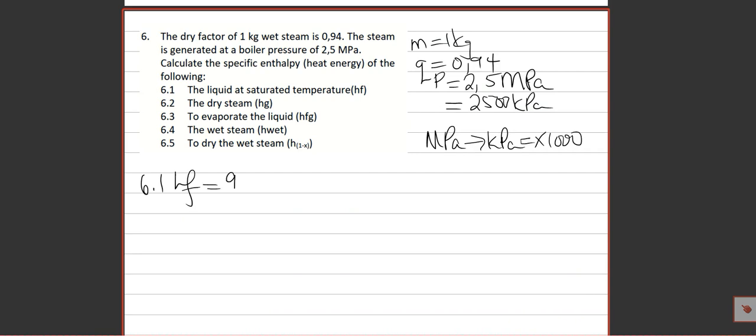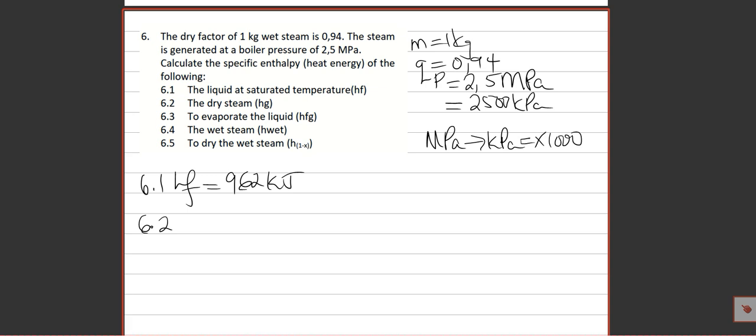HF is 962 kilojoules. This is kilojoules per kg times 1, it's the same answer there. So in cases when they give us 1 kg, you don't need to write the per kilogram because it's going to be cancelled. You just multiply the original value times 1 kg and we get this.